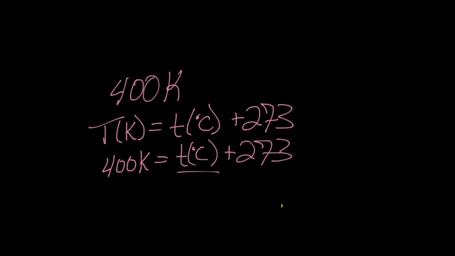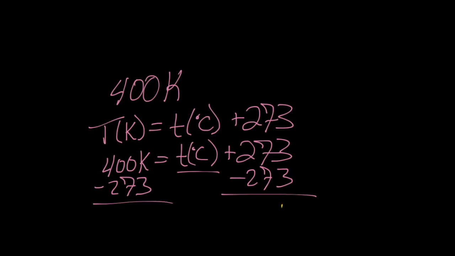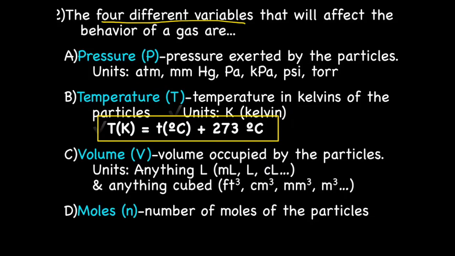Now, to solve for temperature in degrees Celsius, we would just subtract 273 from both sides. And that would give us a temperature of 127 degrees Celsius. Okay, so that's how you convert back and forth between Kelvin and Celsius. You do need to know this formula.